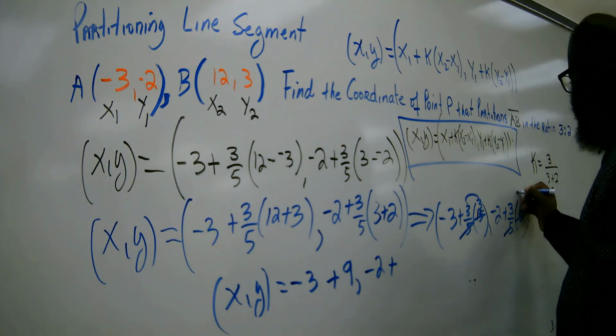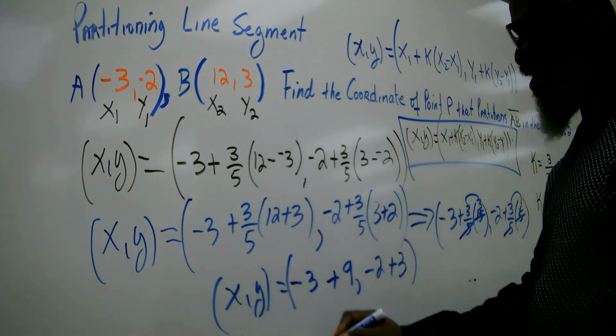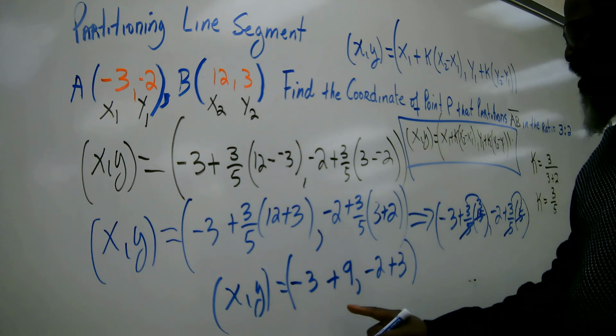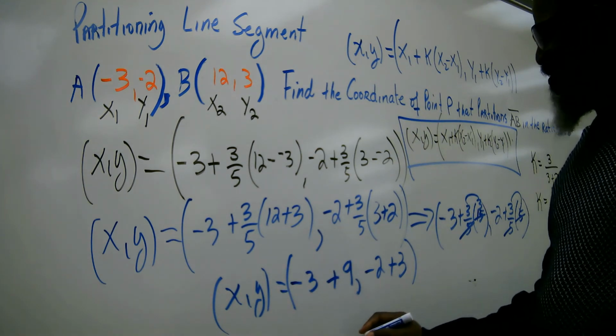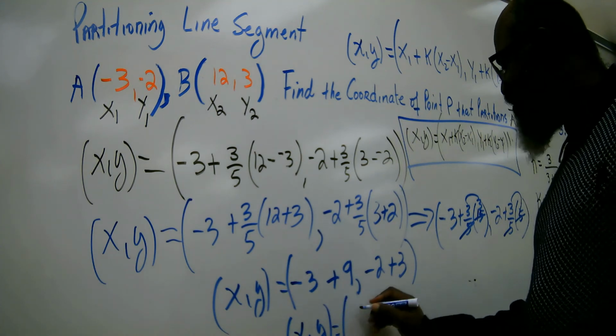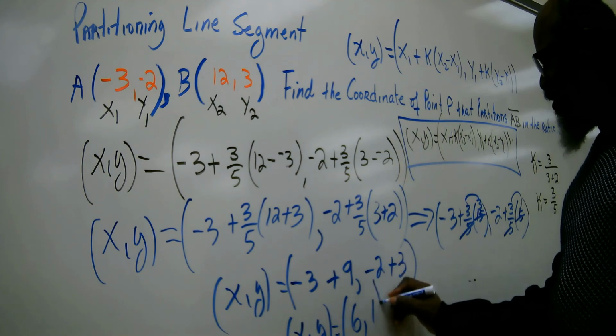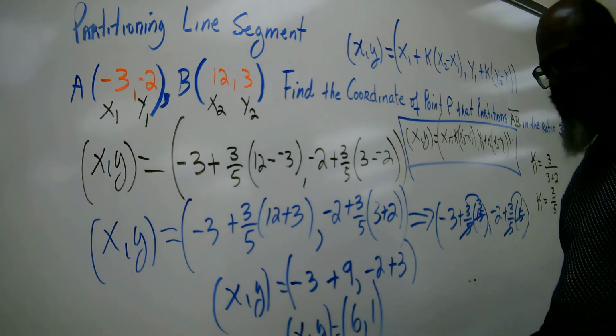Once, and 1 times 3 is 3. Then we need to simplify one last time. Minus 3 plus 9 is 6, so the x coordinate will be 6. And the y coordinate will be minus 2 plus 3, which is 1. So this point on AB is located at (6, 1).